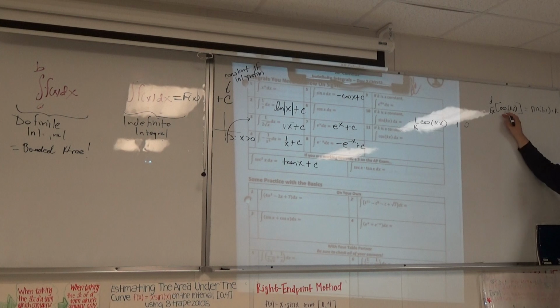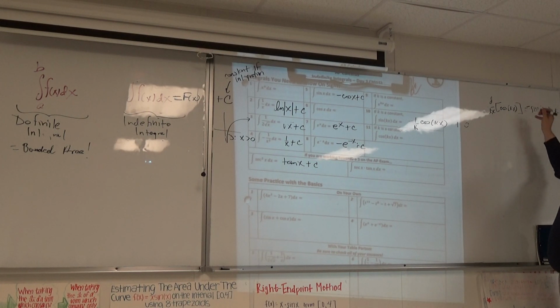The derivative of cosine is not sine, it's negative sine. It's negative sine of kx times k.